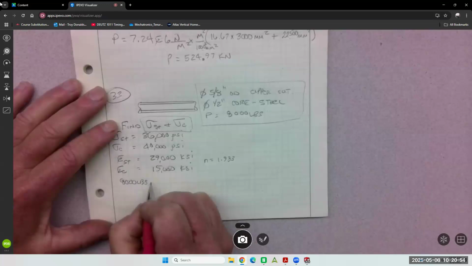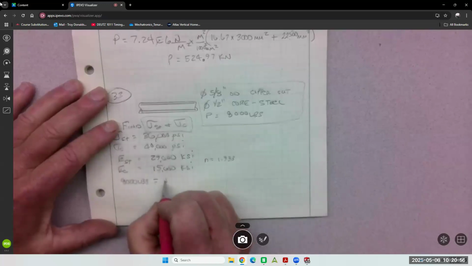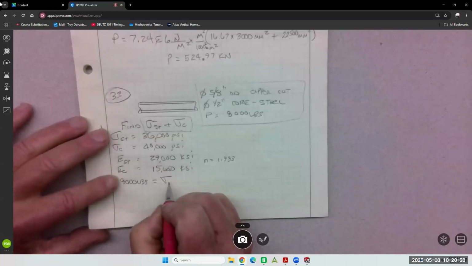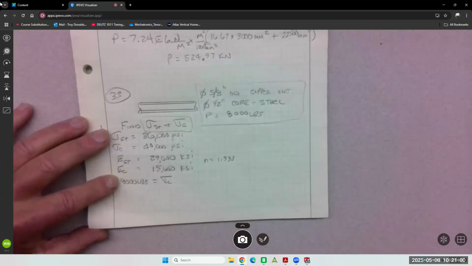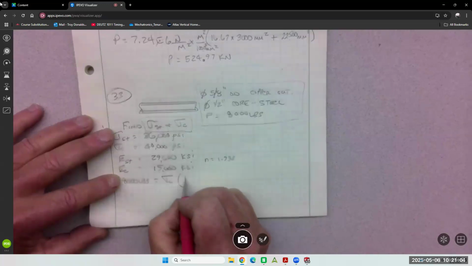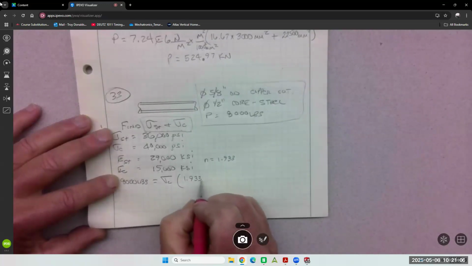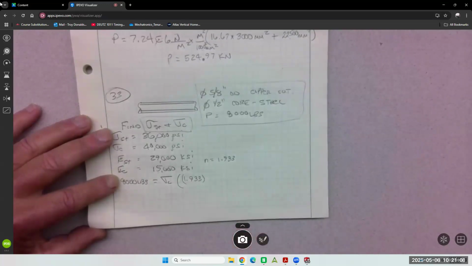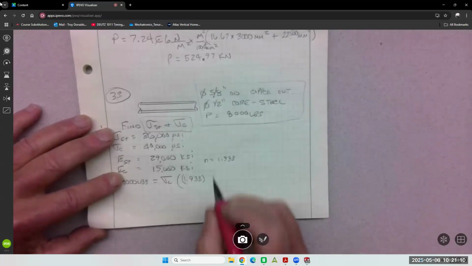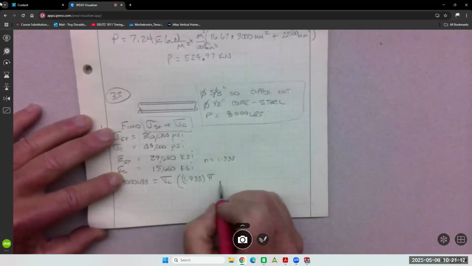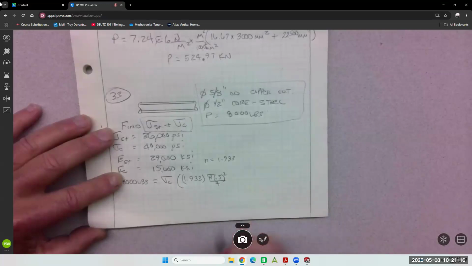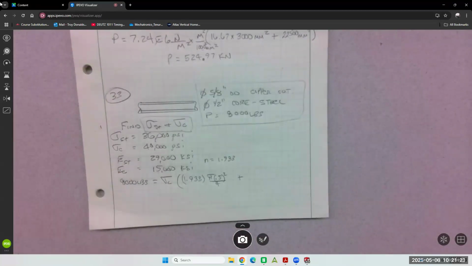pounds equals the stress in the copper, because it's the weaker material. The modular ratio 1.933 times the area of the steel, which is going to be pi d, which is 0.5 squared over 4, plus the area of the copper.